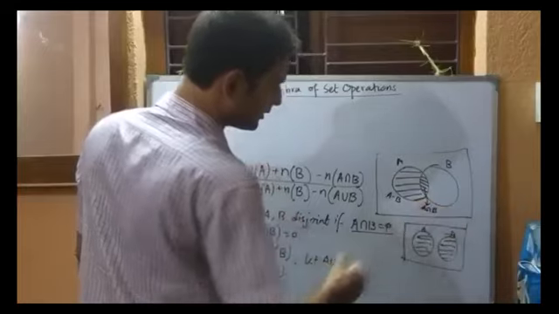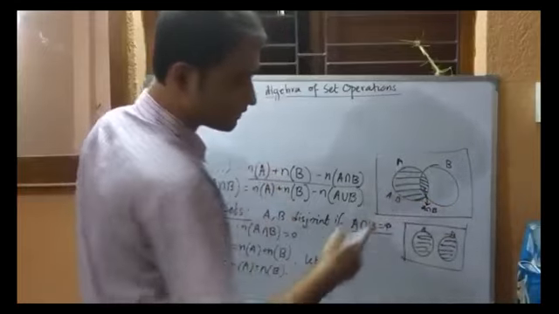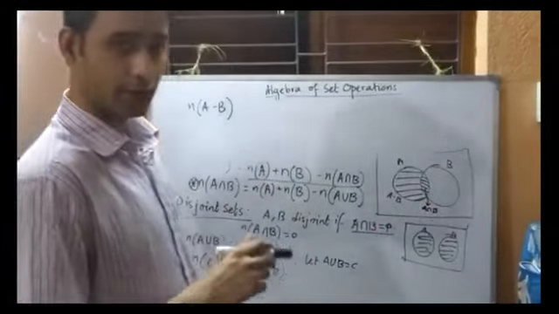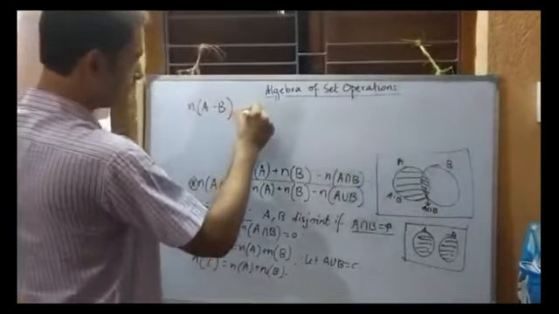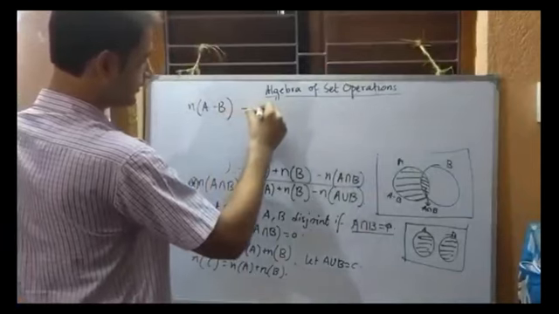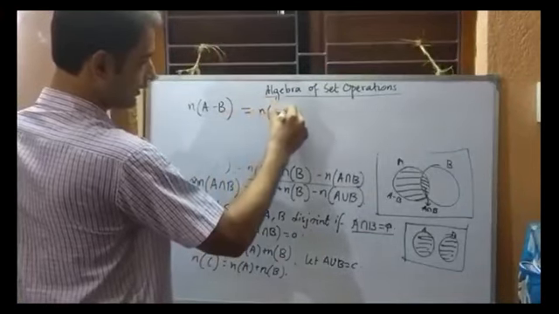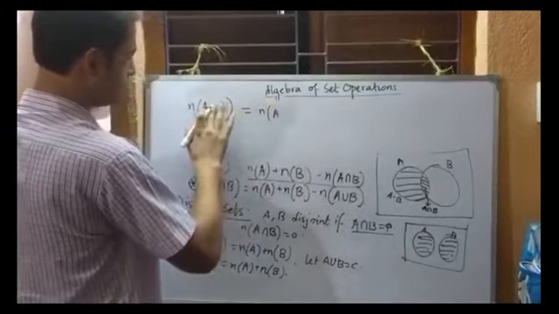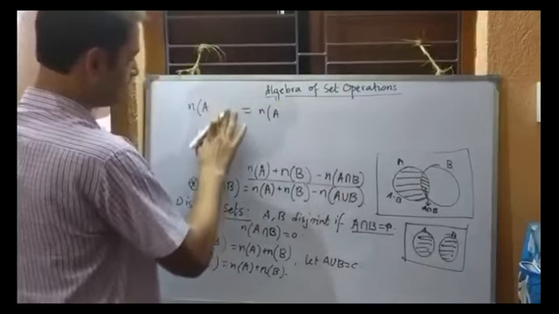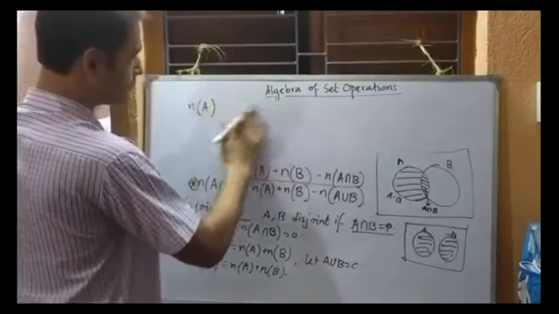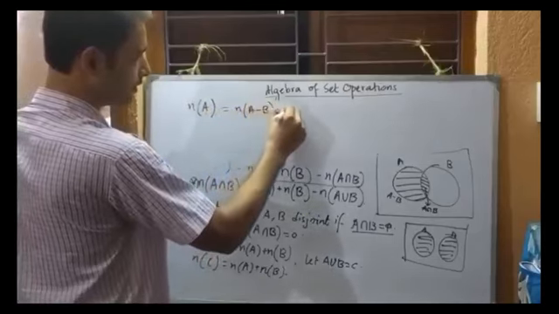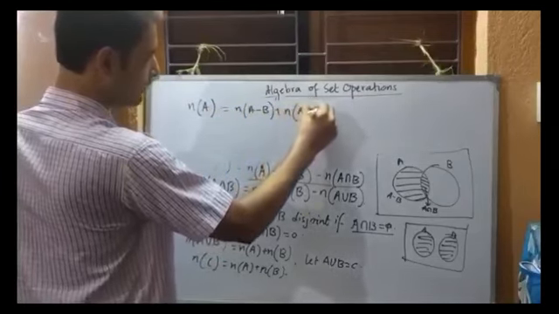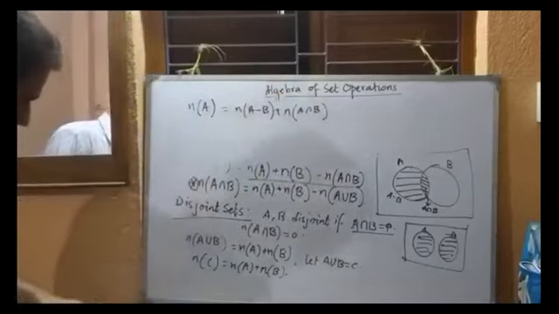So clearly we can see that A difference B and A intersection B are disjoint, and also their union is the whole set A. So we can write here, if we want to write n of A, we can write n of A equals n of A difference B plus n of A intersection B. See by this formula.